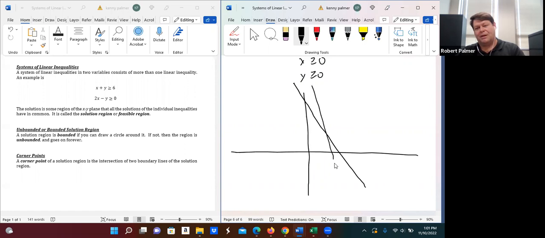Okay, it looks something kind of like this. Not perfectly, you get the idea. This point right here where they intersect is going to be 40, 40. That's a corner point.